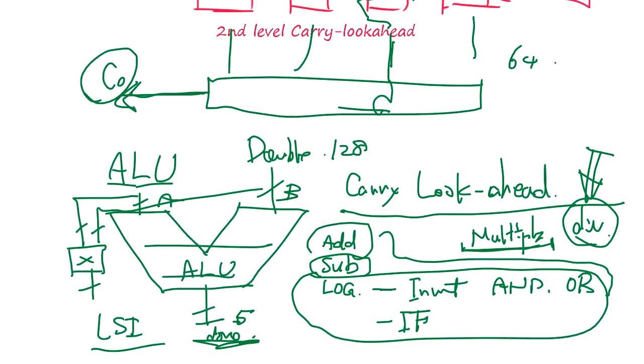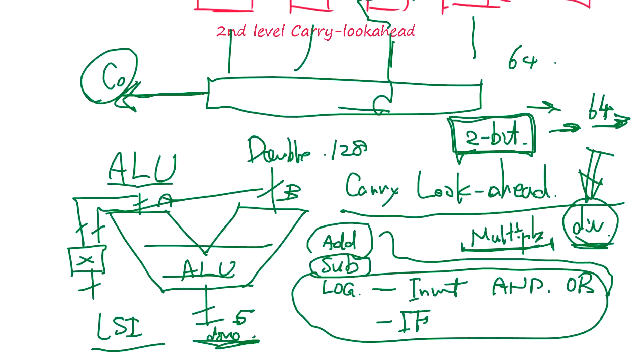Now an improvement was made to do 2-bit subtraction, meaning each subtract you advance 2 bits, and if it's 64-bit, it still takes a long time. So division is a very difficult operation. Usually there's no hardware for division. It's done by a software library.